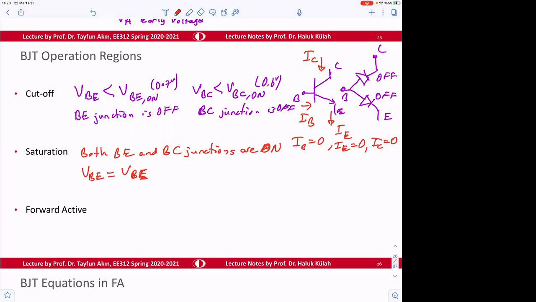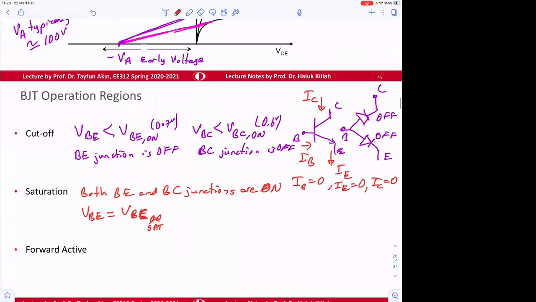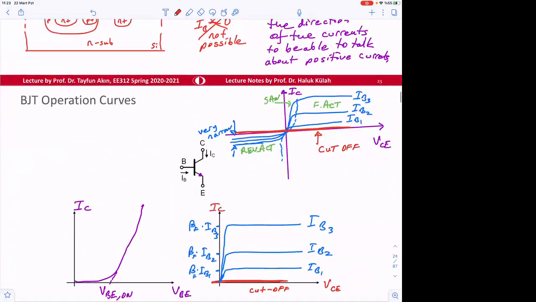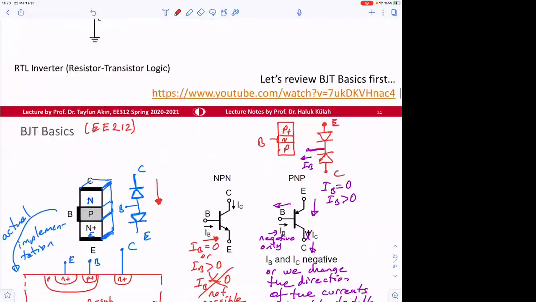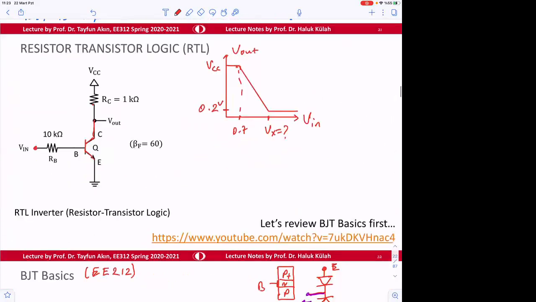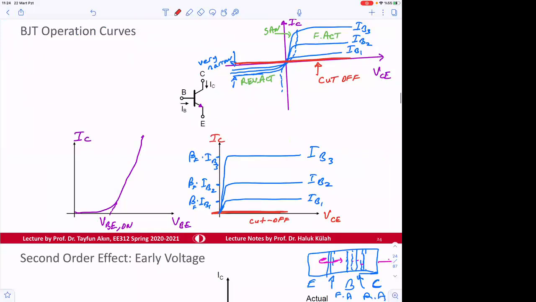Instead of VBE on, we will be calling it VBE sat, because for this case, more current is passing through the base emitter junction. Therefore, as you remember the diode voltage characteristics, here also, instead of using 0.7 here, maybe more current is passing.